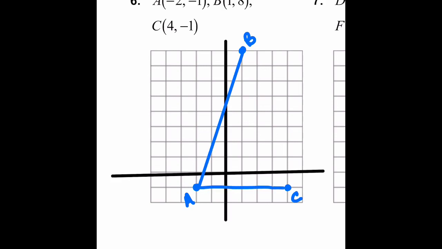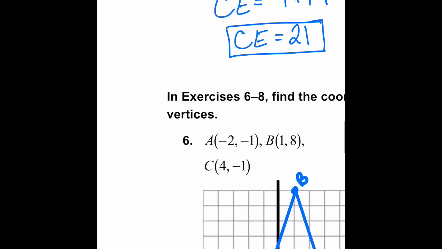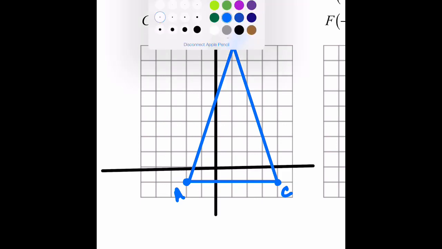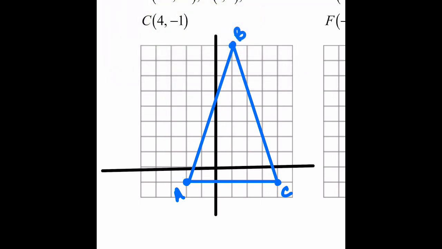So I have my triangle A, B, and C. Now, keep in mind the centroid is created by using medians. And a median is connecting one midpoint to the opposite vertex. So I'm going to solve for the median in this green color.